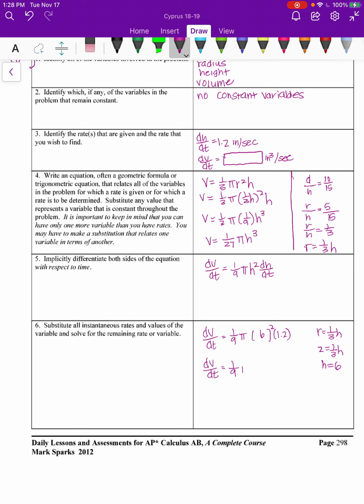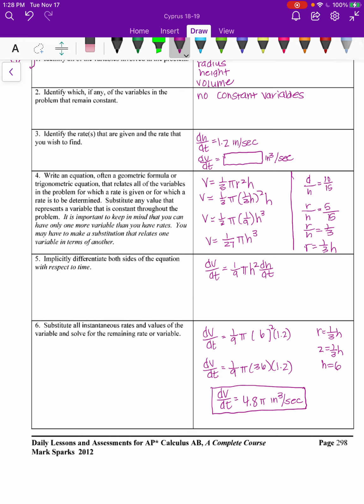So dv dt is equal to 1/9 pi times 36 times 1.2. So dv dt is about 4.8 pi inches cubed per second.